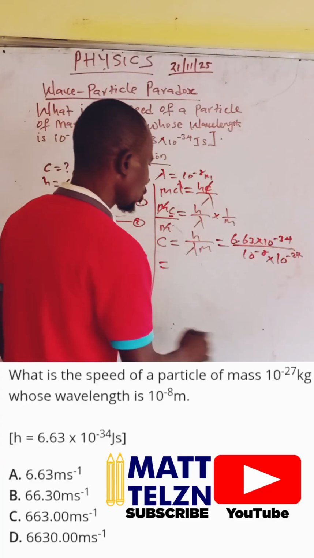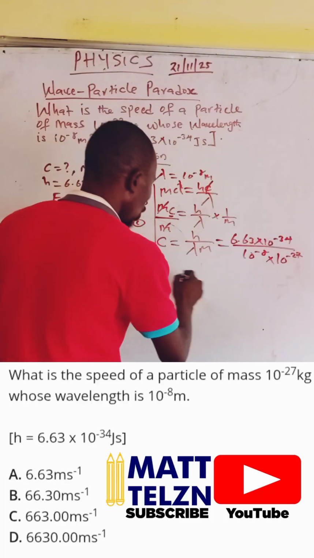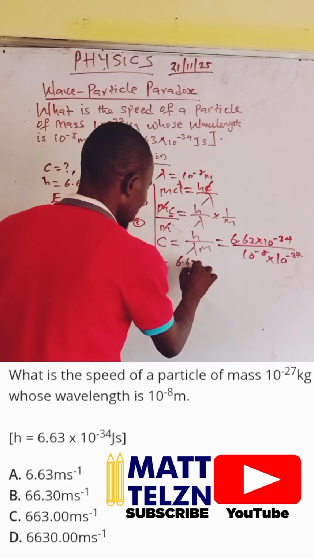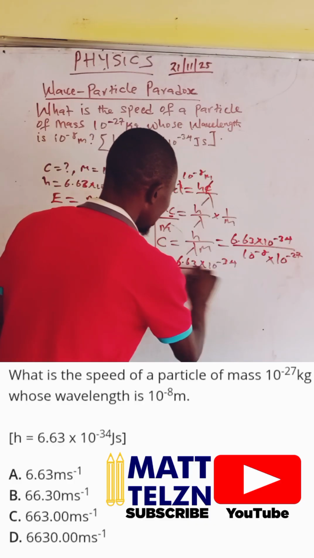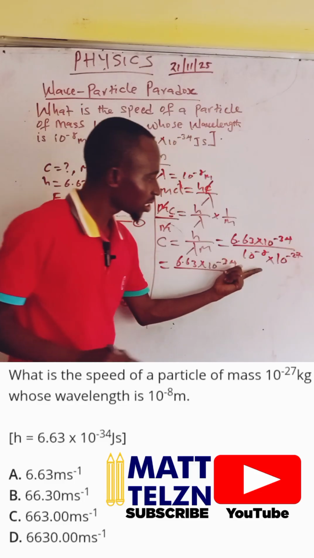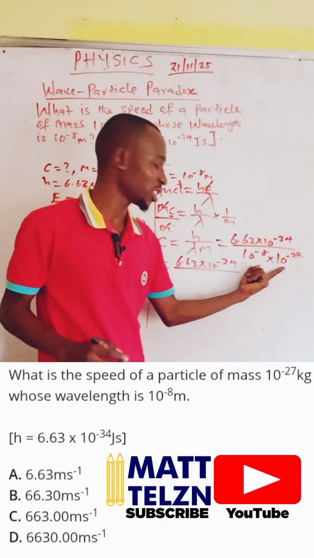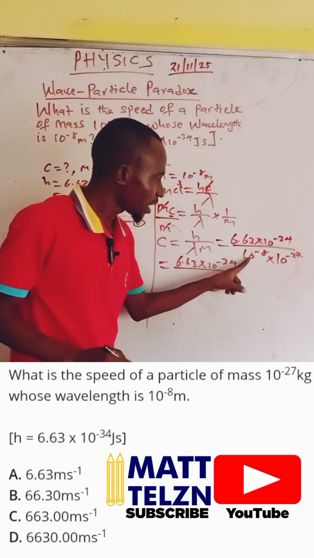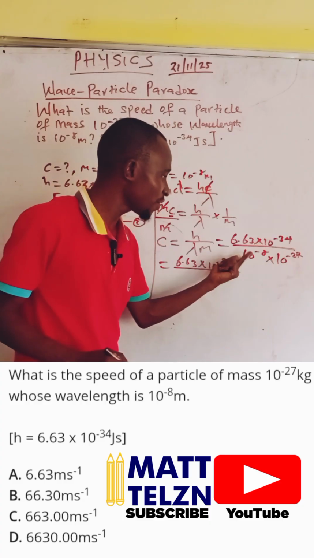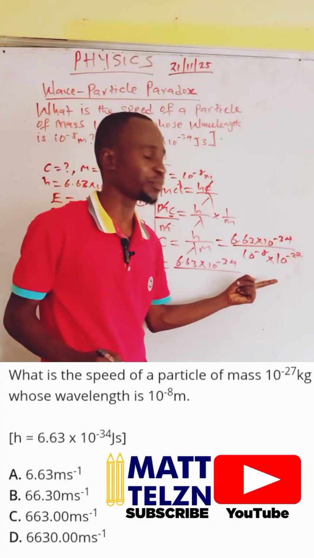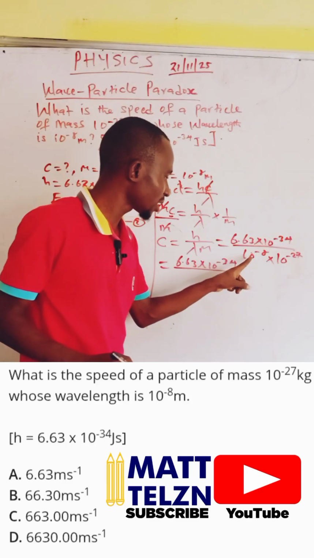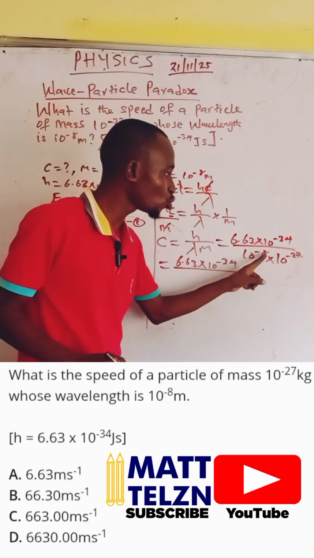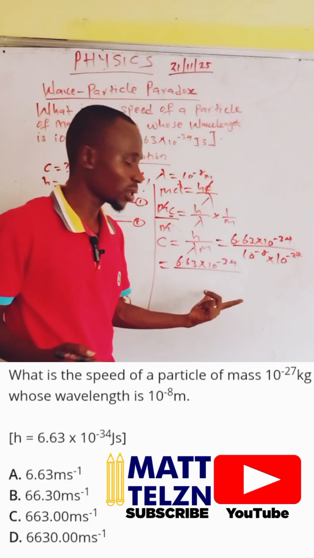So what I'm going to have equal to, bring my numerator to up at 6.63 times 10 raised to the power minus 34, right? Divide by, this is simple indices application. If I multiply that which have the common base, that is 10 and 10, I'm going to add their power, right?